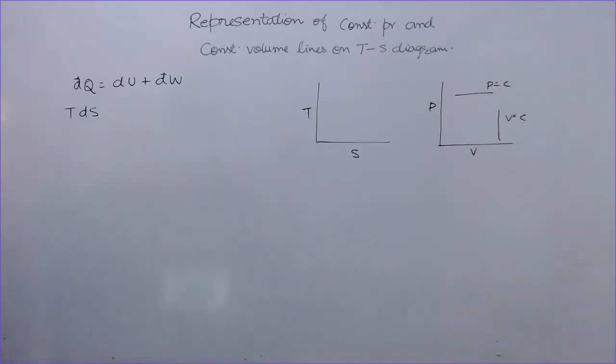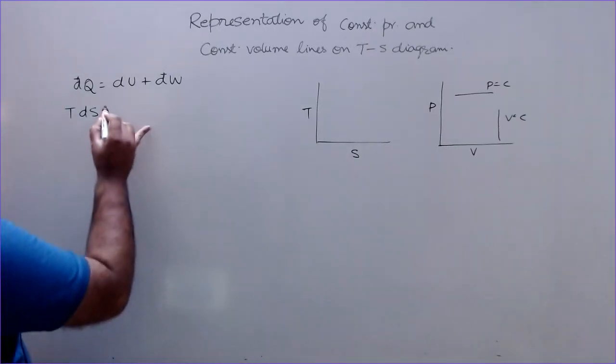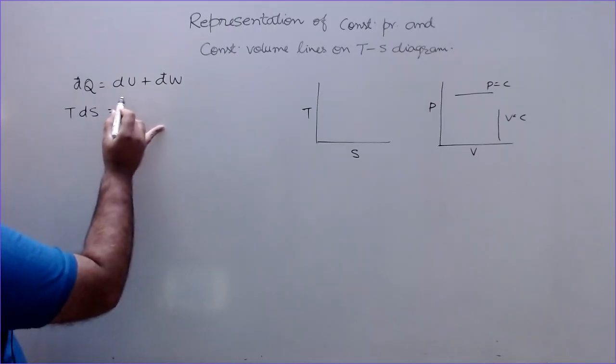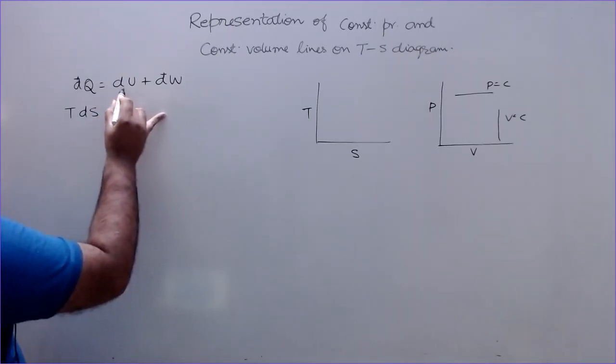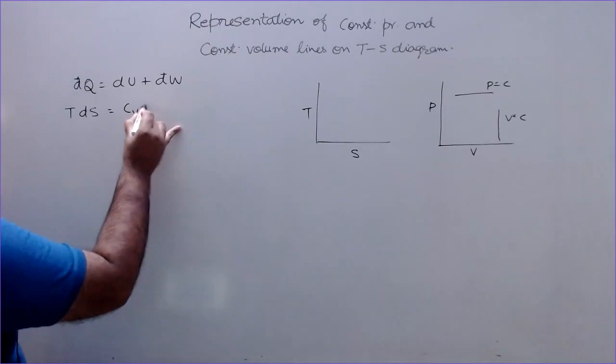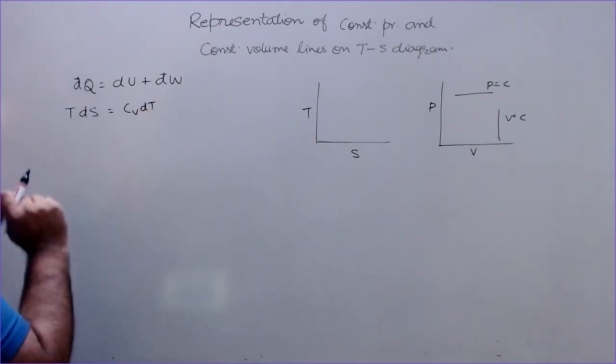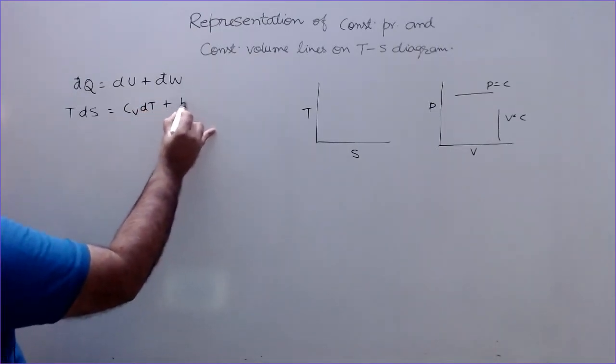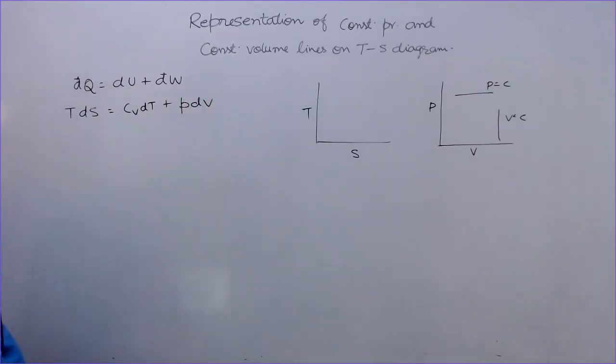This we will be discussing later also. It is equal to du. For a constant volume process, du is equal to Cv into dT for an ideal gas, plus dw is P into dV. P into dV is the displacement work, PdV work, and this is for a reversible process.